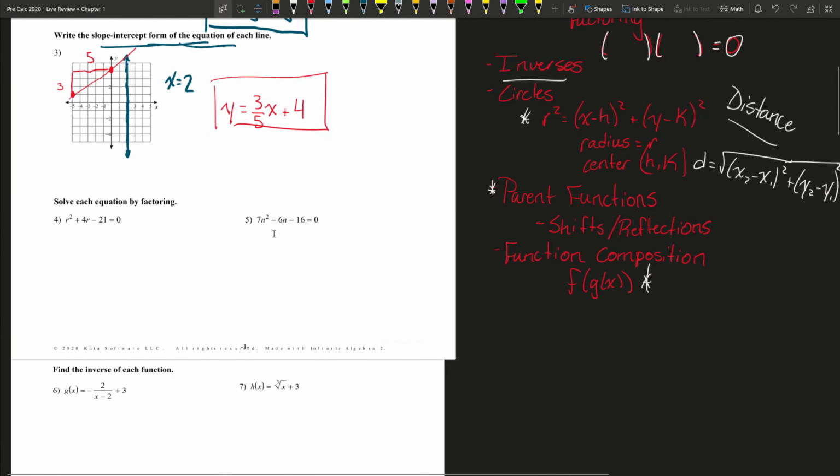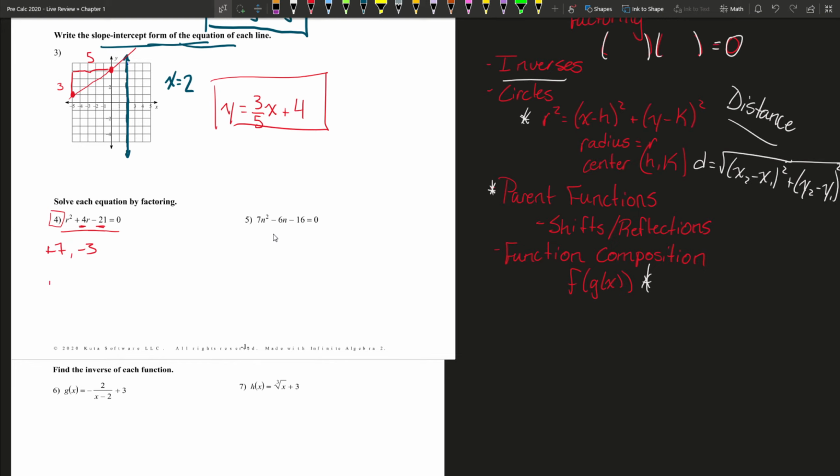For factoring, we want to factor this out and then solve. For number 4, we need factors of -21 that add up to +4. I'm thinking +7 and -3. 7 times -3, that's -21, and that adds up to +4.